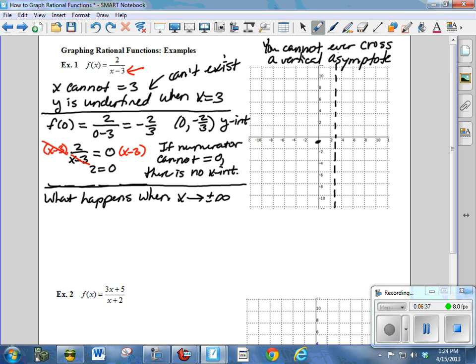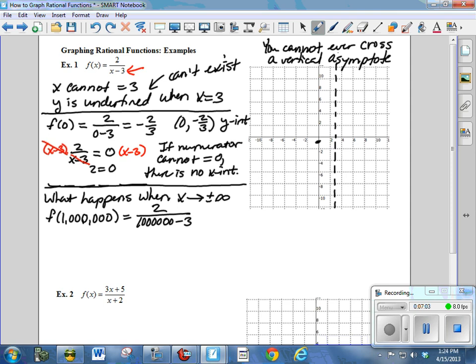So let's think about what happens when x goes to positive infinity. I'm just going to put in a really, really big number for x. Okay, so let's do 1,000,000. So f of 1,000,000. Well, that would give me 2 over 1,000,000 minus 3.